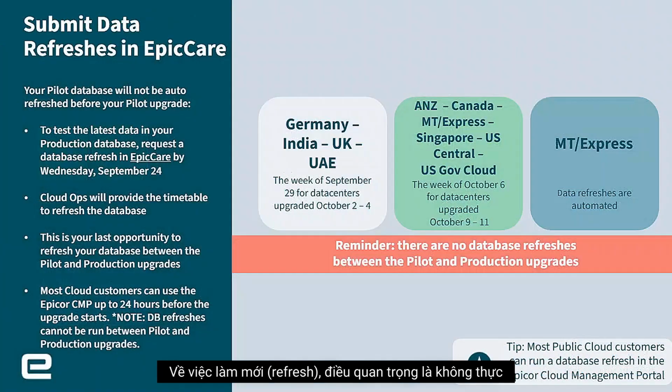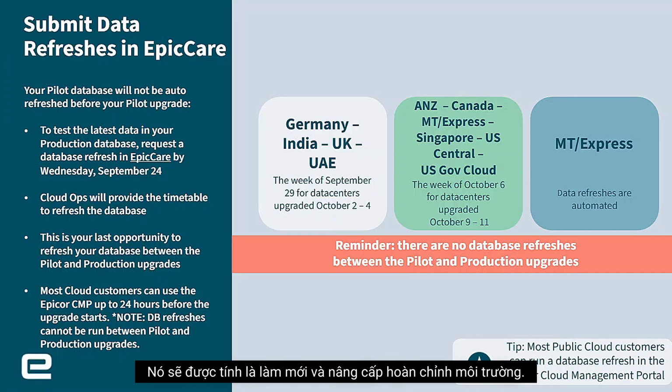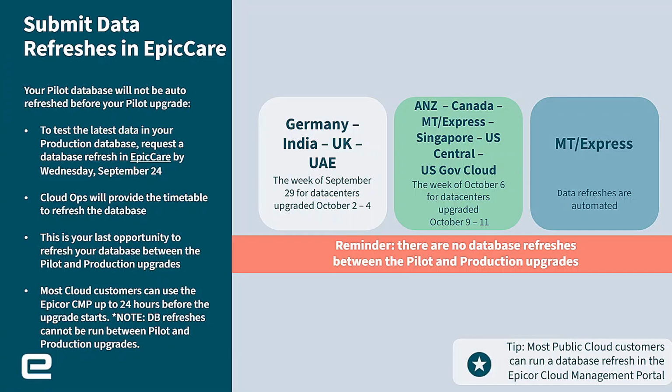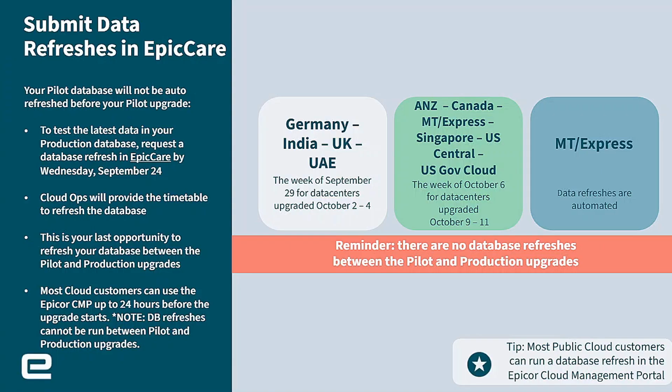Again, around the refreshes, this is important: we do not do refreshes after the upgrade happens. If you put in a refresh request after the upgrade happens, it will be denied because it is no longer a refresh. It is a refresh and a complete upgrade of your environment. So it is key, if you want us to do it, to get those refreshes in by September 24th.